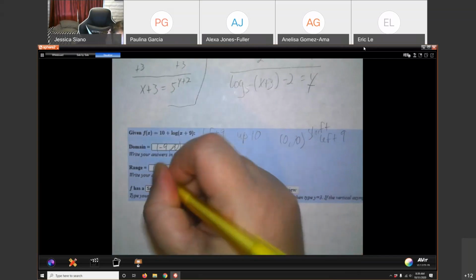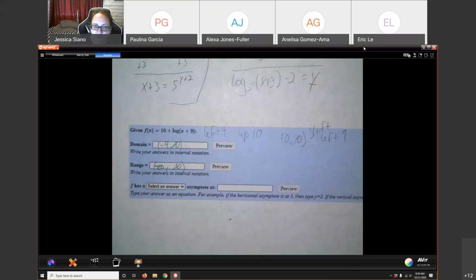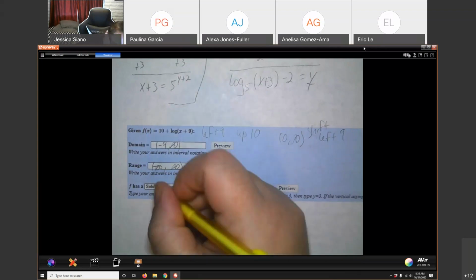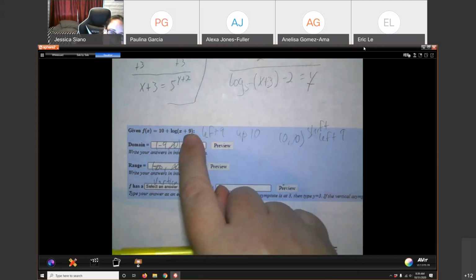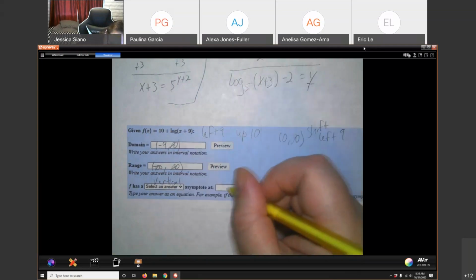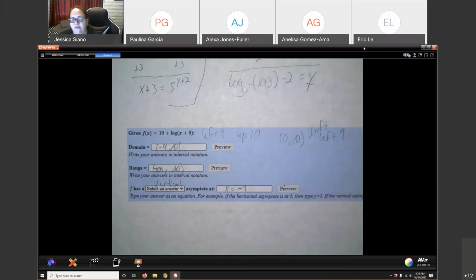My range is all real numbers. The range for every log is always all real numbers. And logs always have a vertical asymptote at whatever this number is inside. Well, but we have to flip the sign because it got shifted left 9.